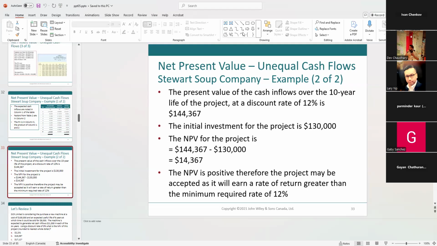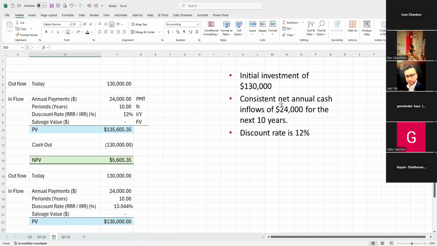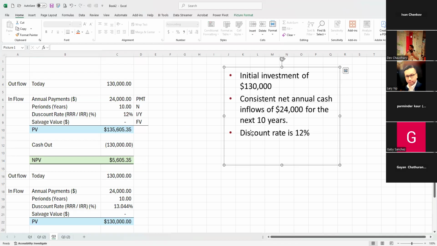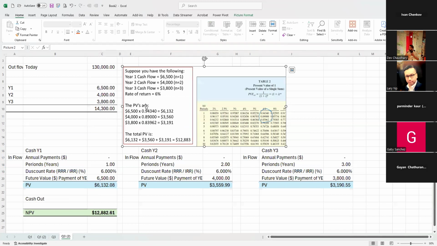In this case, it's simply going to be said in the question. So in the first question, as you can see, it says that here we have consistent annual cash inflow. Correct? Yes, Professor. And in the other case, it says you have at year one cash flow 6,500, at year two 4,000, at year three 3,000.